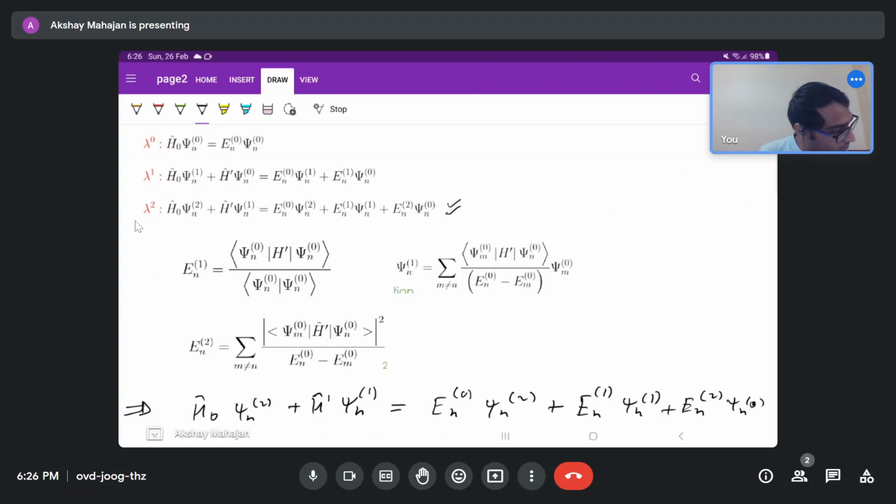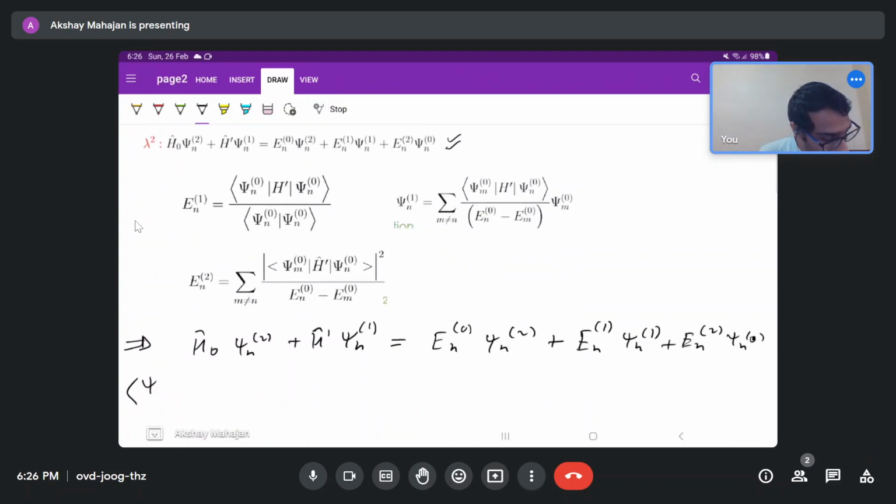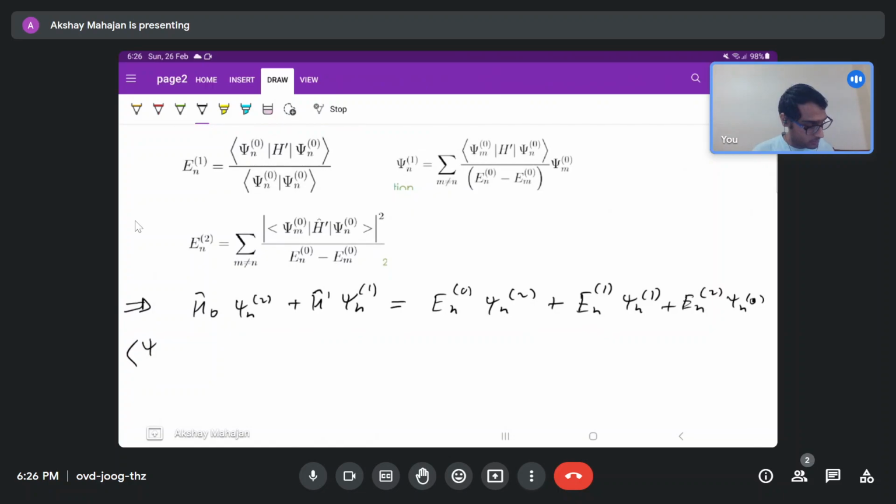We have corrected the lambdas from the lambda terms now. Okay, sorry. We'll just do this. Now what we will do is multiply it by, let's say, some psi m, or psi n actually, psi n of the 0th order only. So we will multiply our term.